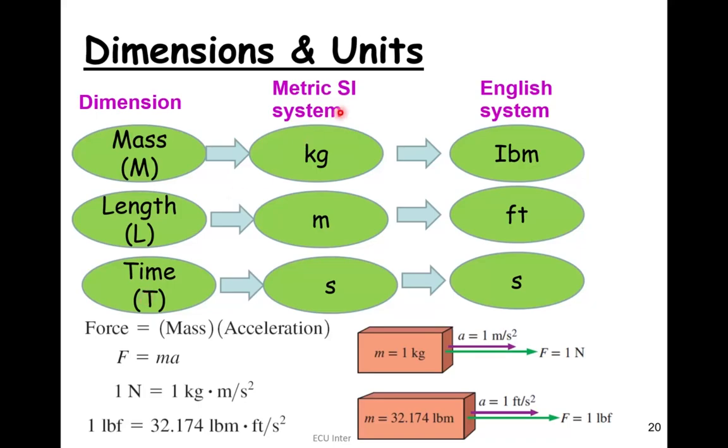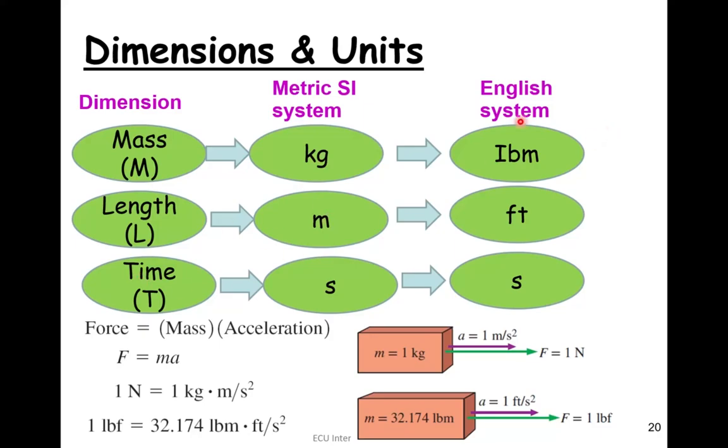In the metric or SI system, which we use for this unit and is mainly what your books use, kilogram is used for mass, meter is used for length, and second is used for time.